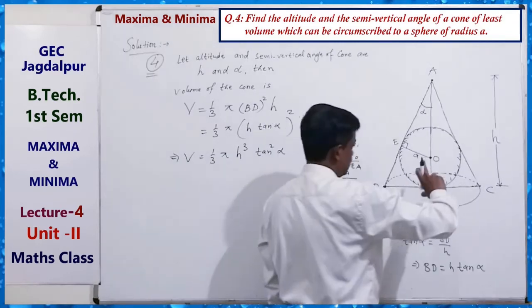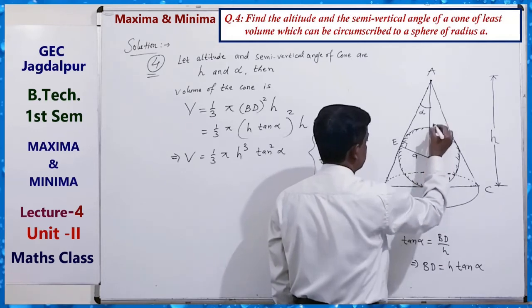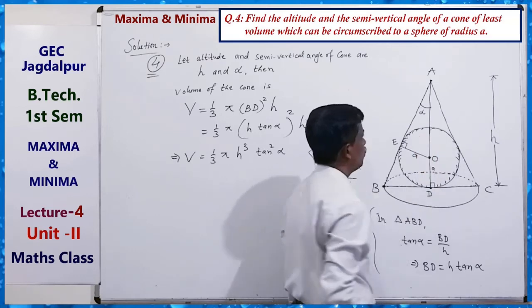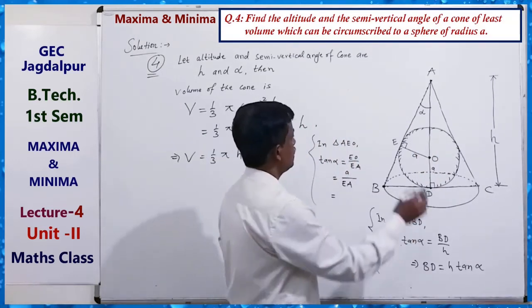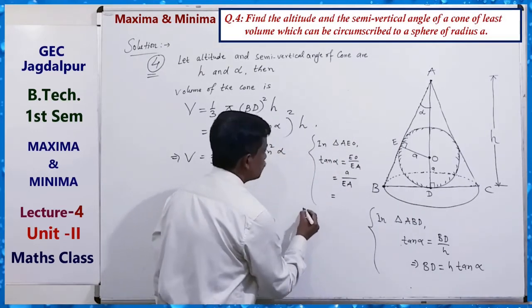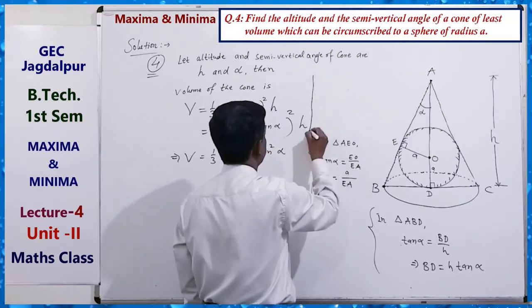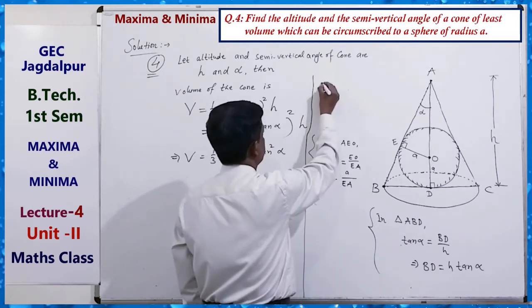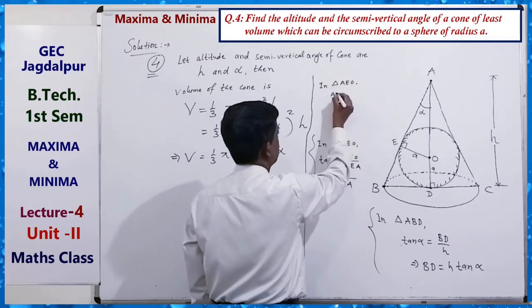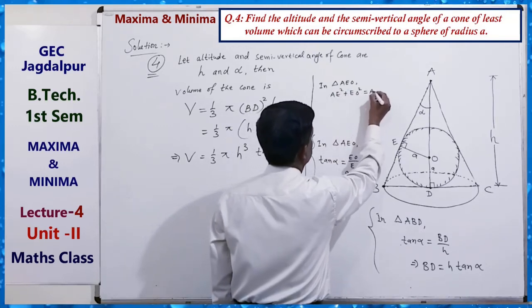See, this is a, and from here to here it is h minus a. In triangle AEO, AE square plus EO square equals AO square.